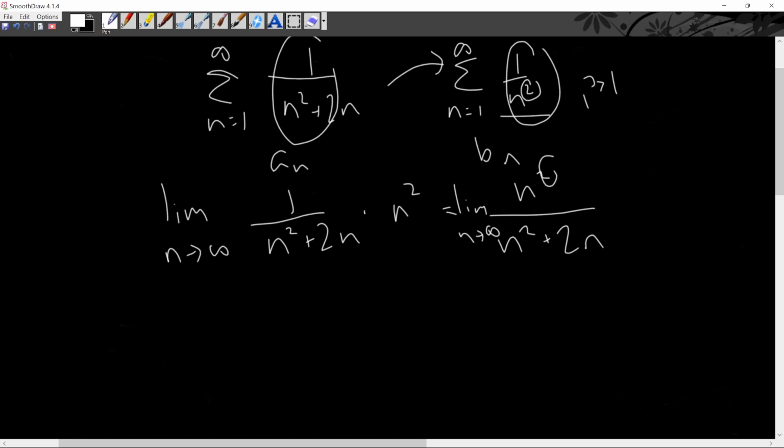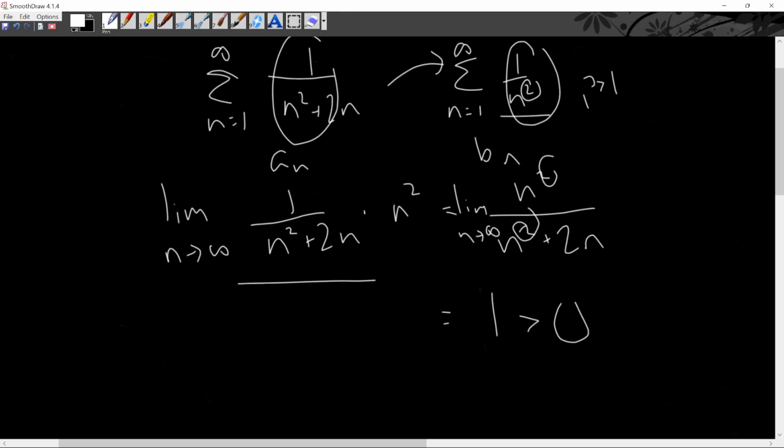Since these both have the same degree, these will cancel out. If you want to do L'Hopital's and get to 2n over 2n plus 2, and then 2 over 2, and then 1, you can, but this limit is equal to 1. And 1 is greater than 0, which means that this converges.